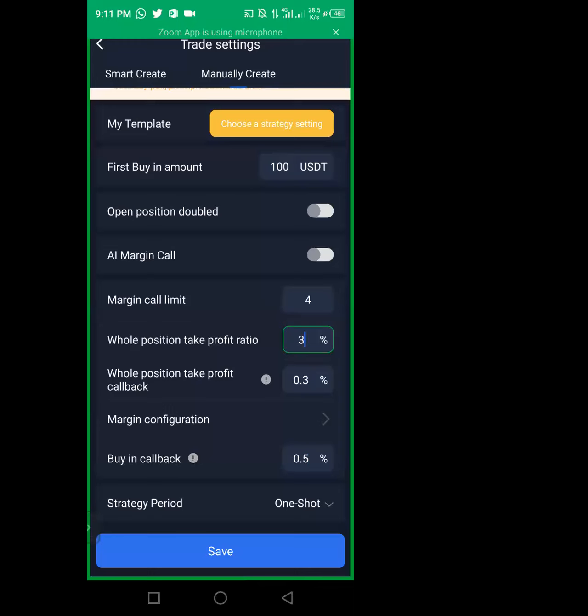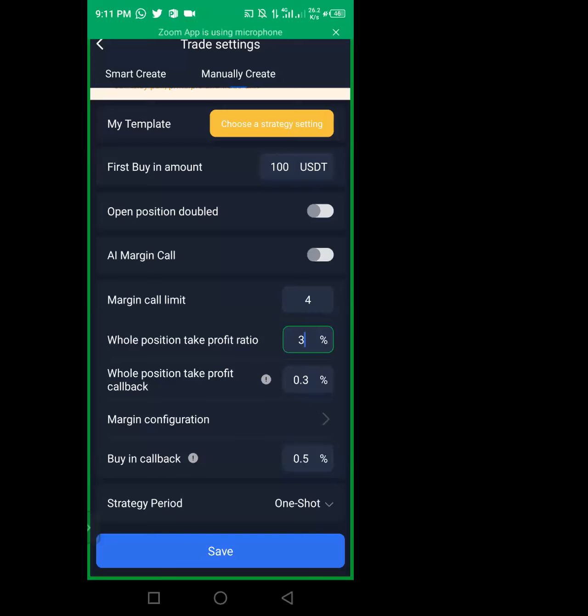Now, if the coin after reaching 3% drops by 0.2, drops by 0.25, drops by 0.3, the robot will now sell. You will now make 2.7% profit on the total number of USDT that is in your trade.